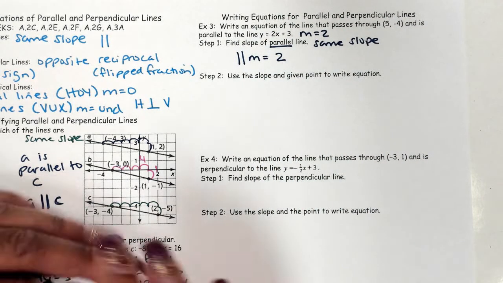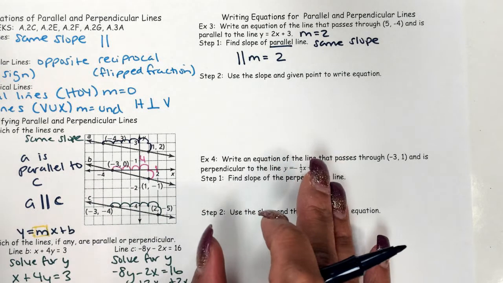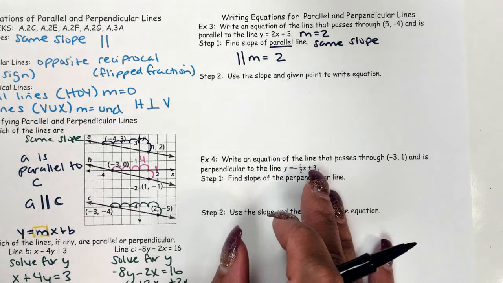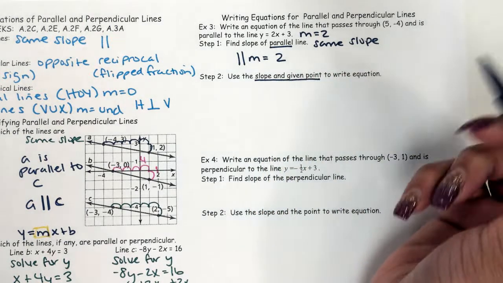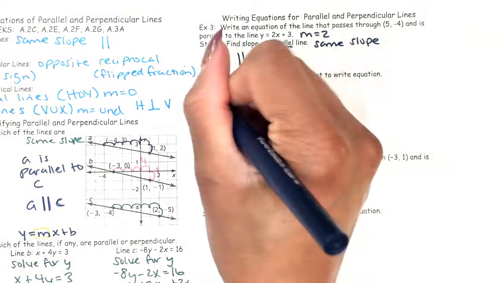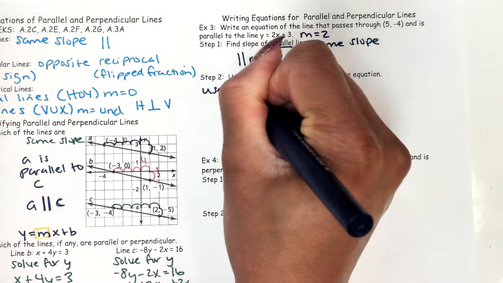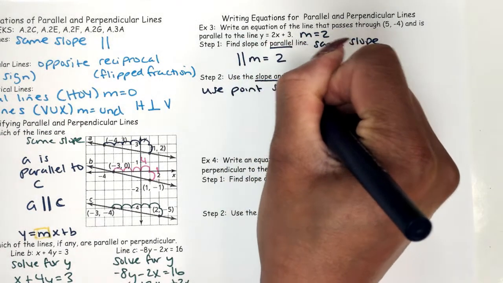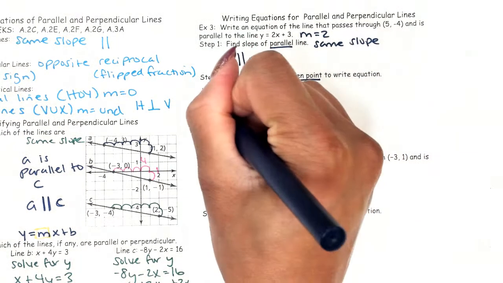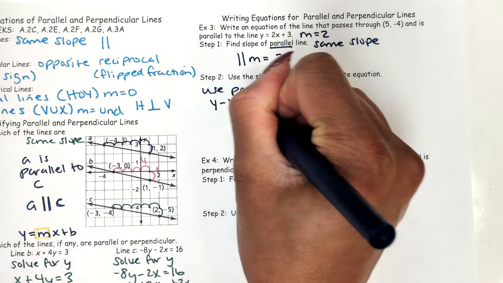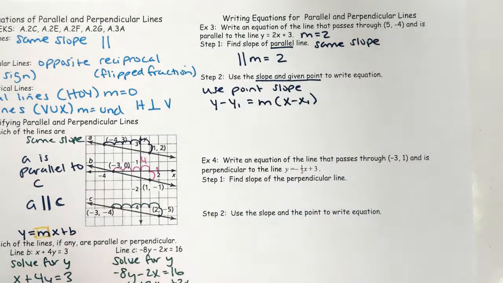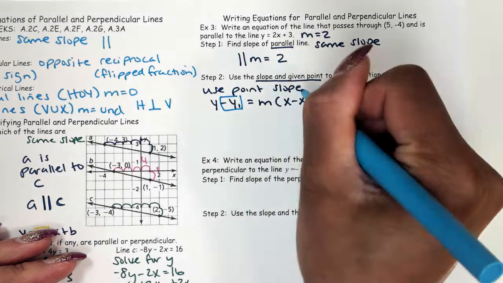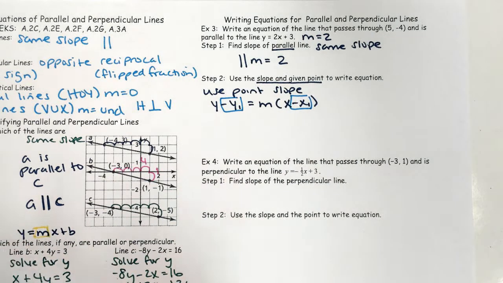Okay, so then we're going to use the slope and the given point to write an equation. So what form gives a slope and a given point? Well, that would be point slope form. So we're going to use point slope form. And remember, point slope form is y minus y1 equal to m times parentheses x minus x1. And remember, with that one, we need to make sure we flip the signs of our point inside x1 and y1.